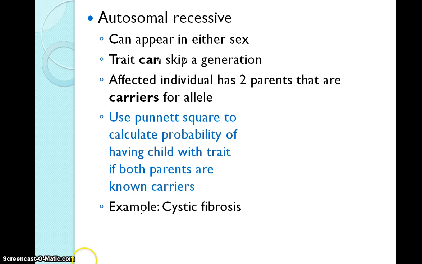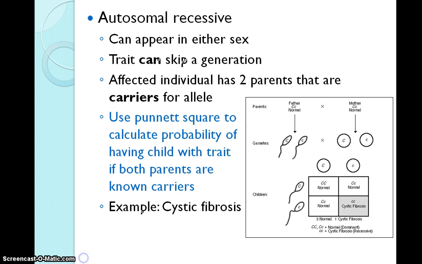Cystic fibrosis is a common autosomal recessive disorder in humans. And so you could look at a Punnett square for cystic fibrosis to determine the likelihood of two carrier parents passing that on to their children. This might be done when people are considering having children if they know that they have a history of an autosomal recessive disorder in their family.